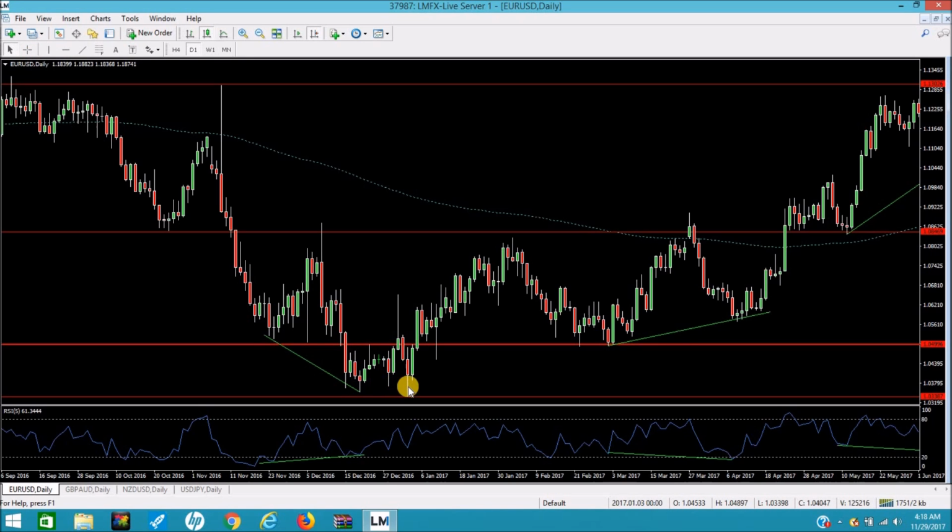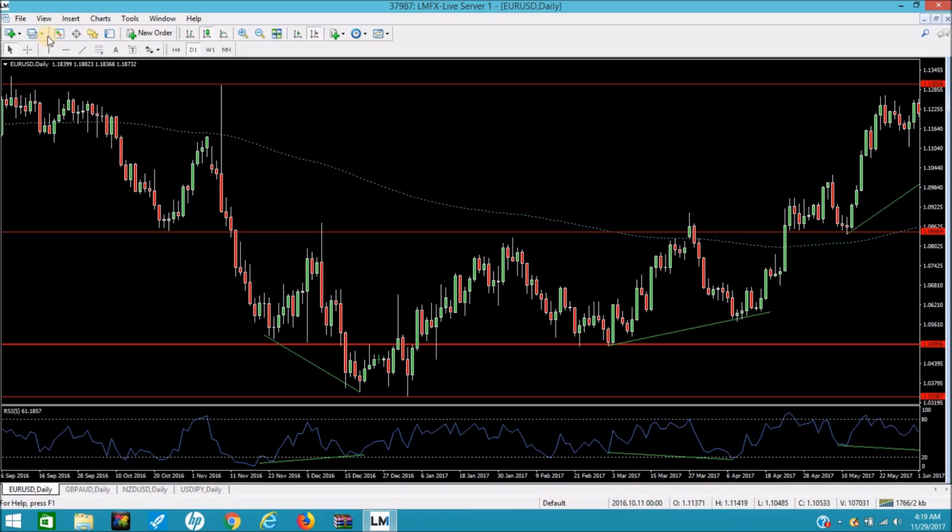My second entry would have probably been here. Why? Because this candlestick came down and touched support, bounced off our support, and this is a bullish engulfing candle. So I'll enter at the open of this candle. It would have been a better entry, with no drawdown, no type of pullback below your entry.